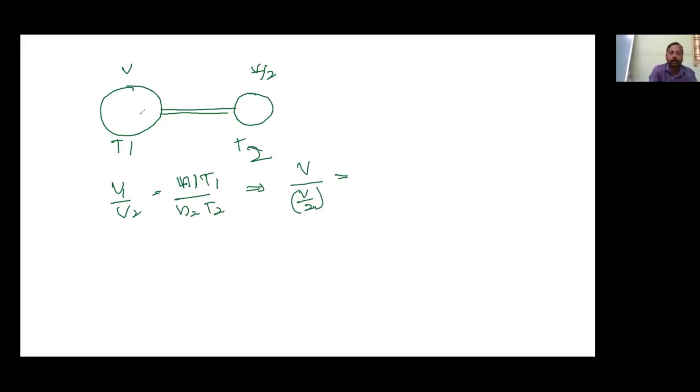It is evacuated, so let us take X moles moved from here. So it will be 1 minus X at T1 divided by X into T2. From this we can find the X value. X is T1 by T1 plus 2 T2.